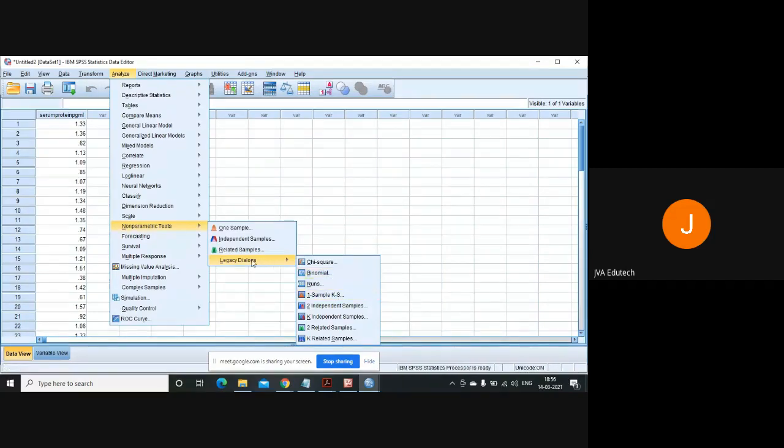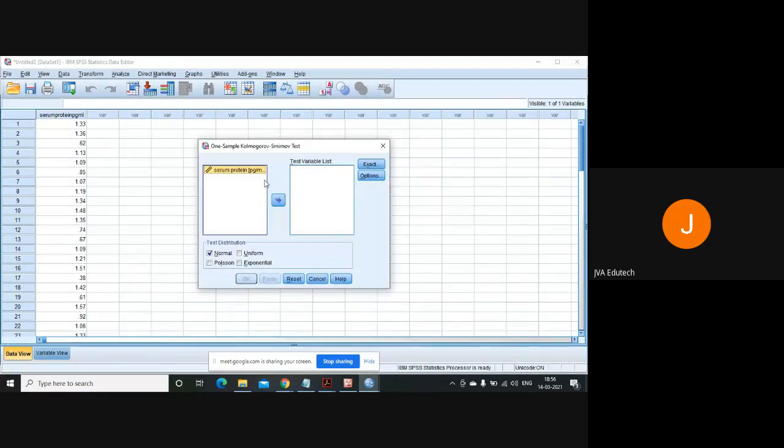If you have SPSS 18 or below, then directly Non-parametric Tests. Here you can see one sample KS. So select one sample KS and put the variable in the test variable list. We want to check the normal distribution, which is already there by default, normal. Select OK.